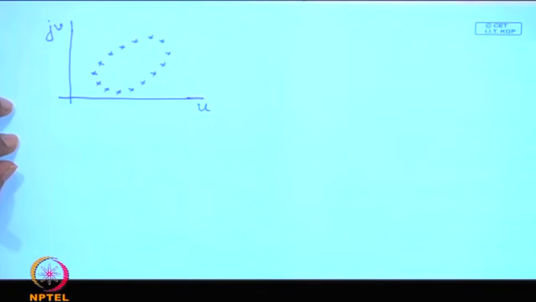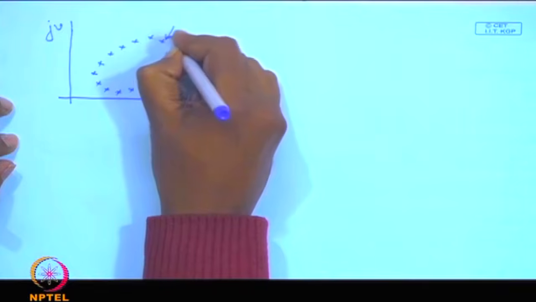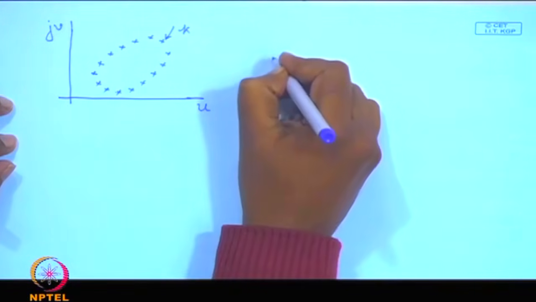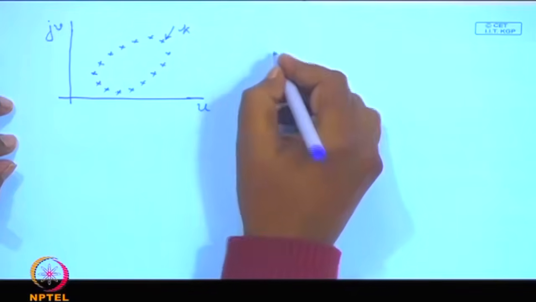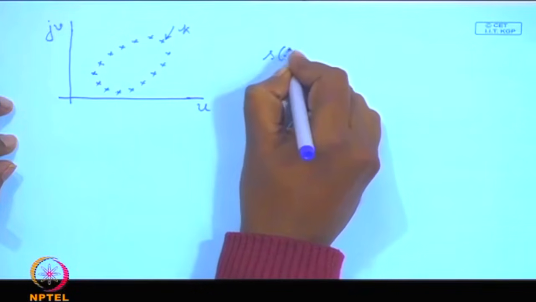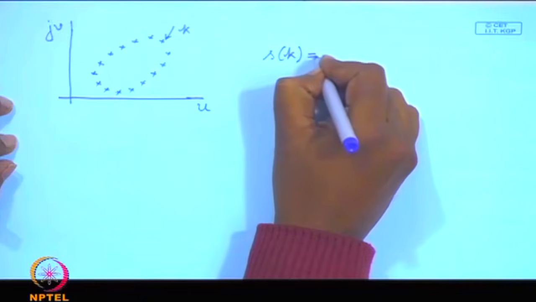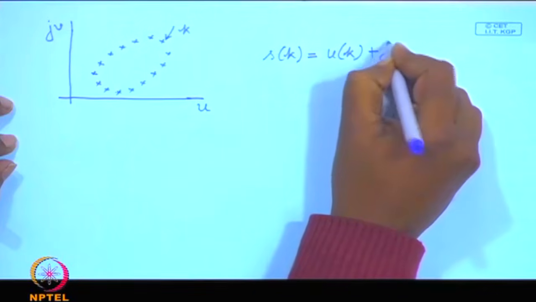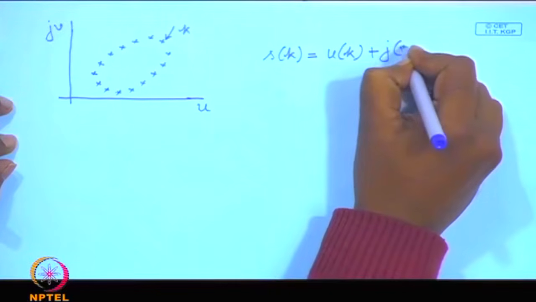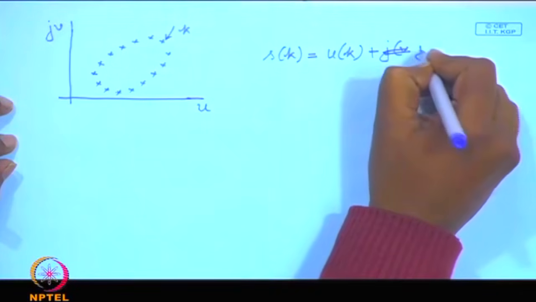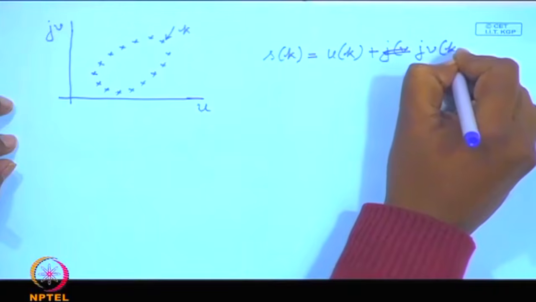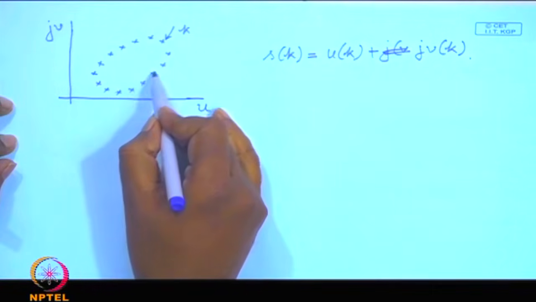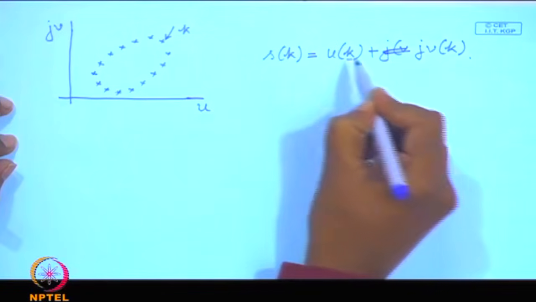So, given this, every kth point in this boundary can be represented by a complex number, say s_k, which is nothing but u_k plus j v_k. And I have all these different points for different values of k.